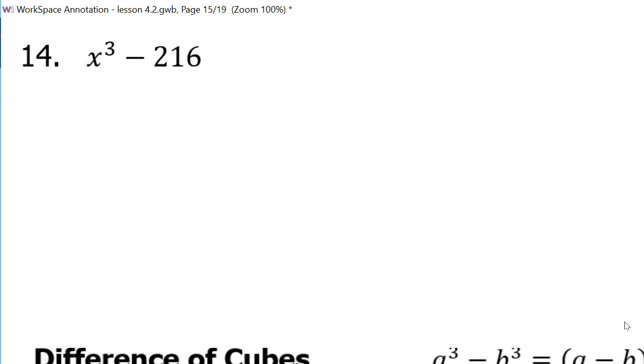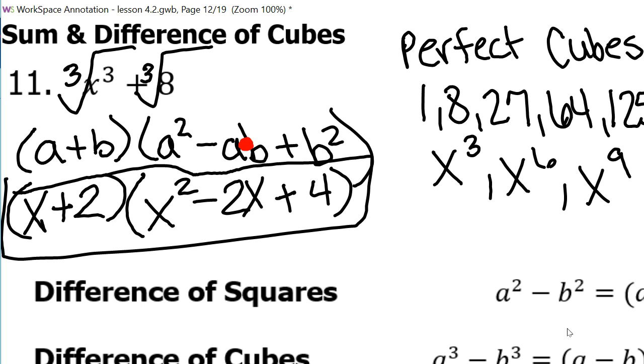Okay, number 14. Is this a sum of cubes or a difference of cubes? Difference of cubes. So the formula is slightly different. For the difference of cubes, notice the main difference is that the plus is now a minus in the binomial, and the middle term in the trinomial, instead of a minus, changed to a plus sign.